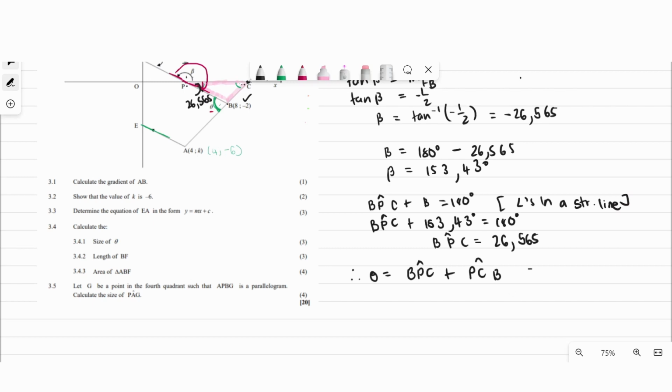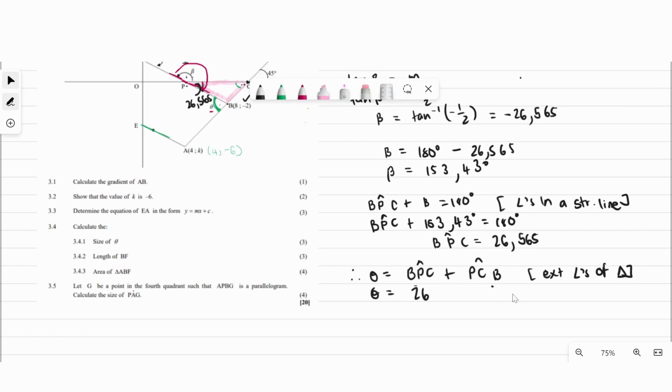And your reason is going to be exterior angles of a triangle. Then substitute this and this. So when we substitute, theta is going to be equal to 26.565 plus 45, making theta equal to 71.57, and you're done solving for theta.